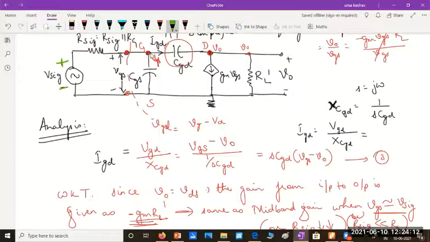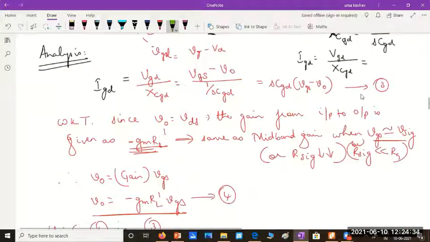It is the voltage at the gate end VGS minus the voltage at the drain end, which is nothing but the output voltage V0. So the voltage across this capacitance will be VGS minus V0, and the capacitive reactance is given as 1 by SCGD.